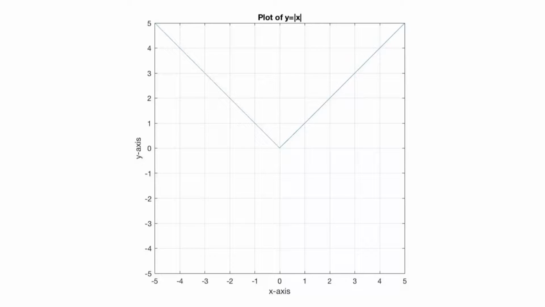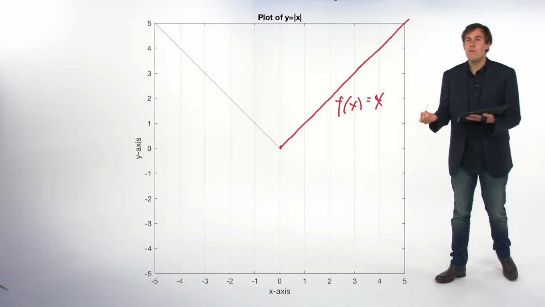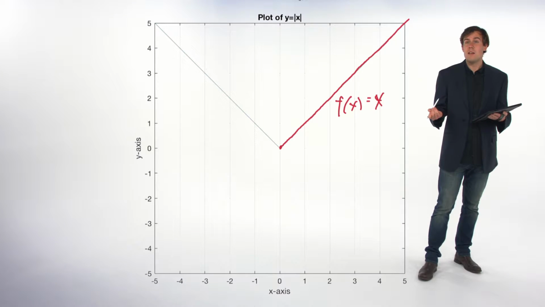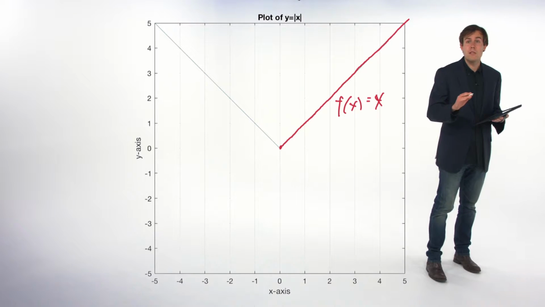So here we let the x-axis run from -5 to 5. We see that at 0, the function takes the value 0. And then for positive values of x, it looks like the line f of x equals x, which makes sense since the absolute value function doesn't do anything to positive numbers. It leaves them completely the same.